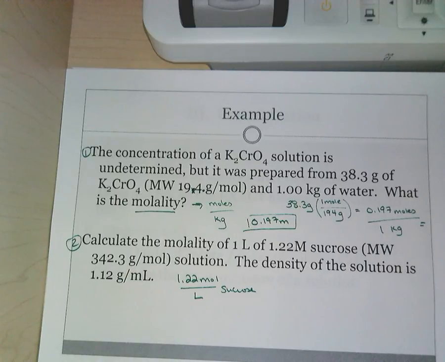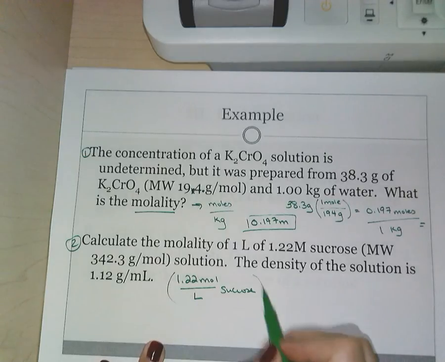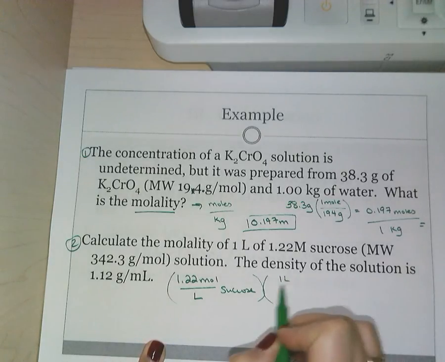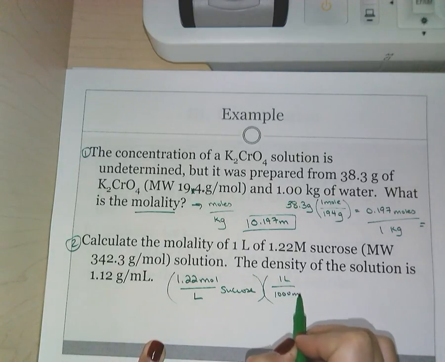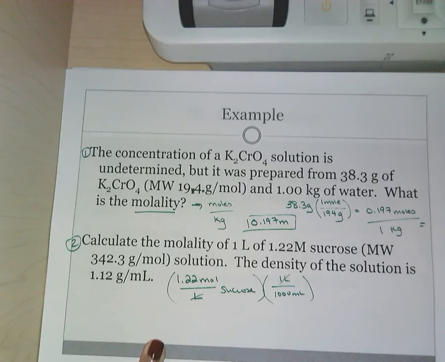Well, it's already in moles. We know how many moles of sucrose are in there. We just know it's in a liter. But I want to change that liter into, I can do it into milliliters, okay? Okay, so now I'm in moles per milliliter.